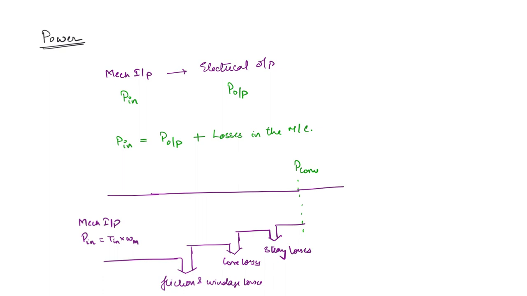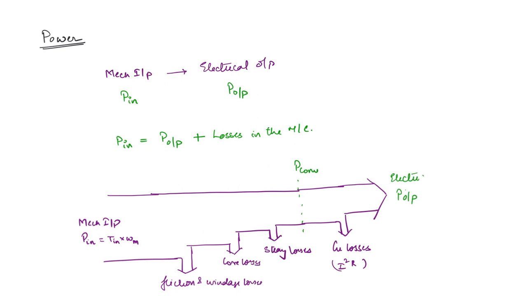But this is not the final output that is available at the terminals. There will be another loss here. What is that? The I square R losses or the copper losses. And finally, this power that you have is the electrical output power that is available.